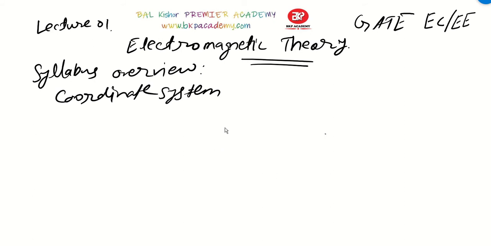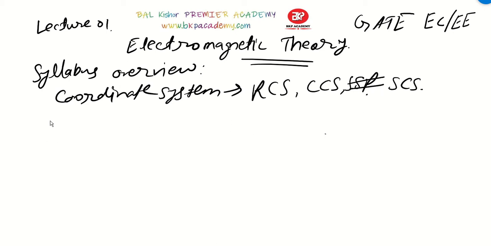Before that, we will have a syllabus overview of what we will be seeing throughout the course. Right now, first we will start with coordinate systems. In that we will see rectangular coordinate system, cylindrical coordinate system and spherical coordinate system. Then we will see vector calculus.